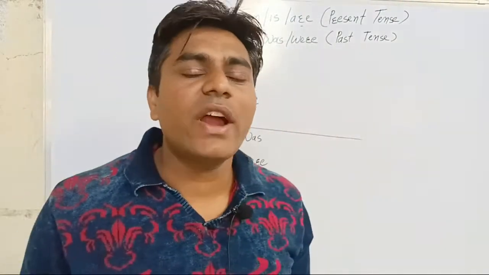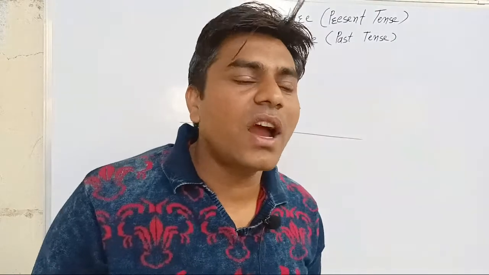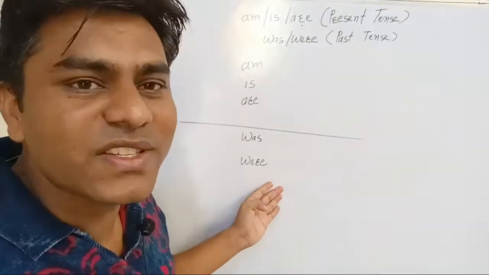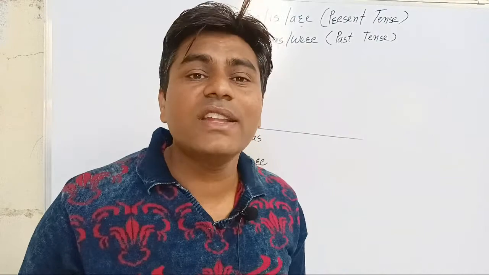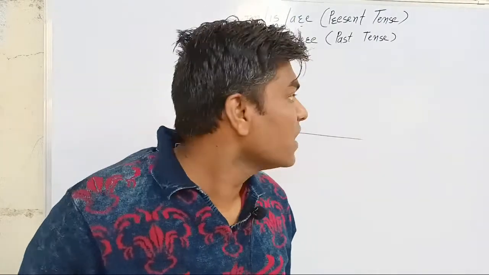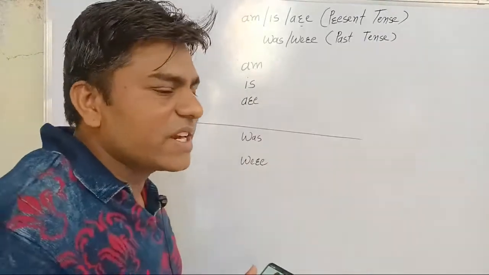But while we are learning these sentences, at the same time we are going to learn the past sentences also. Getting? So this topic is very important while we are learning the spoken course. Now let's see with am, which subject we can use.